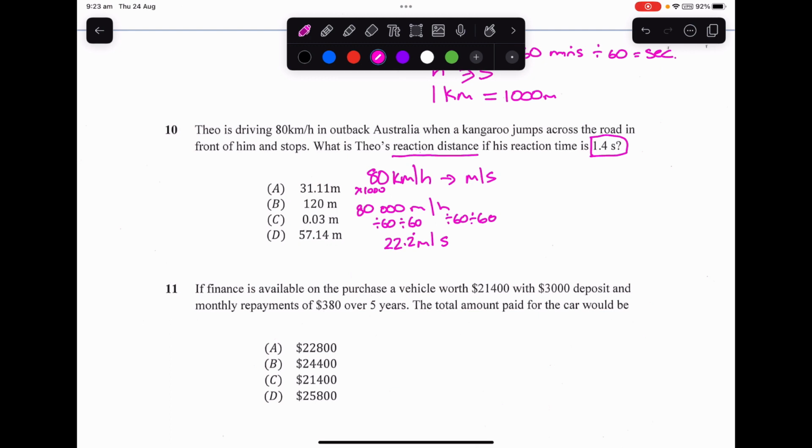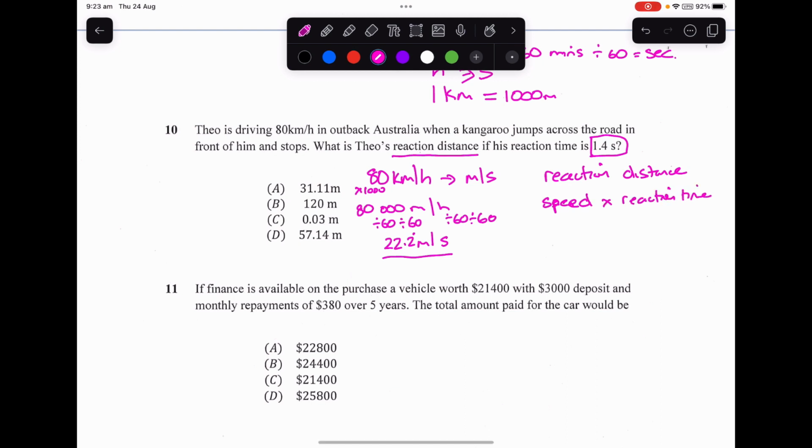Now, I've taken this into the right measurement, meters per second. So our reaction distance is our speed times our reaction time.